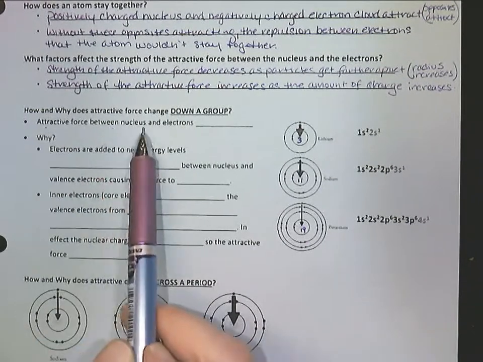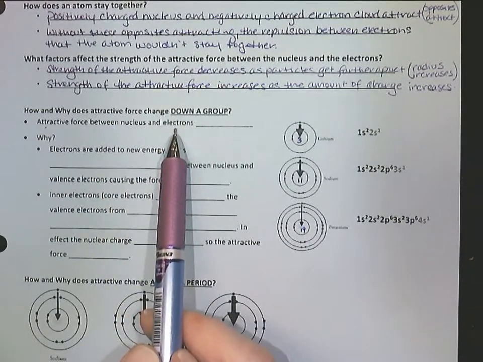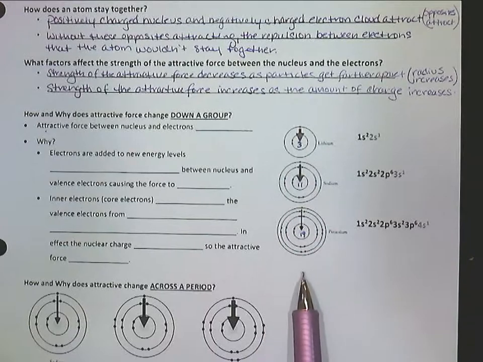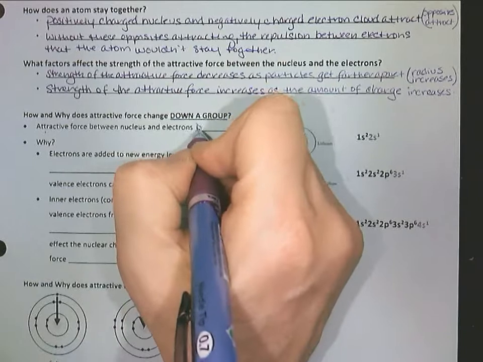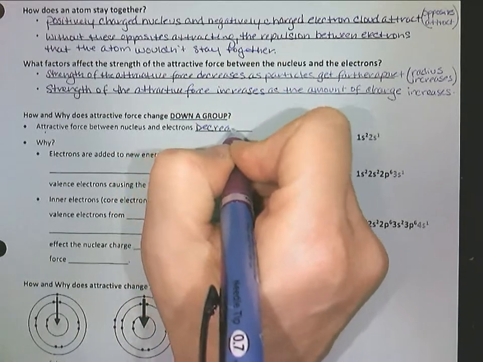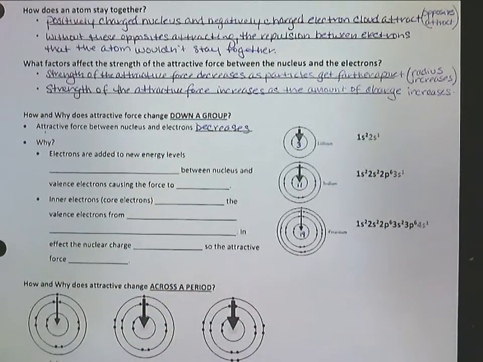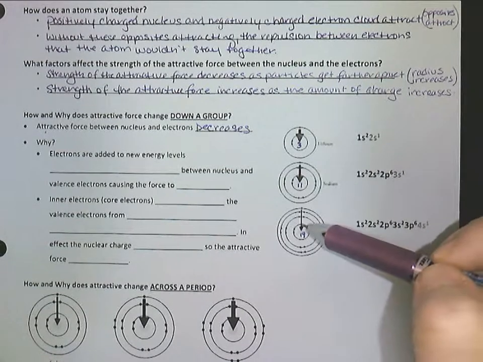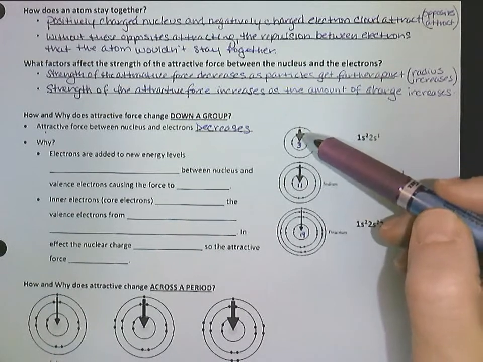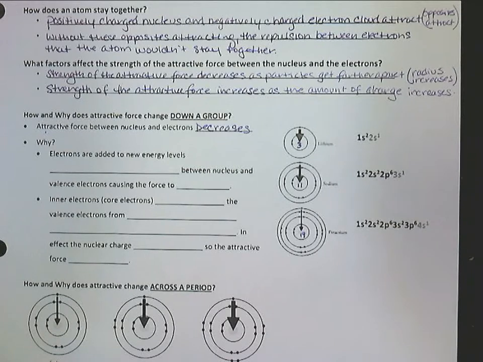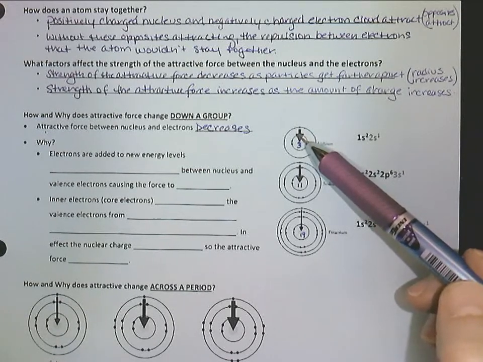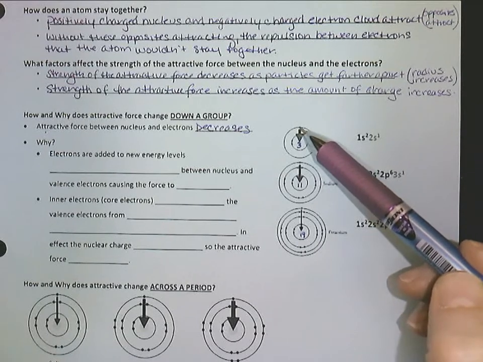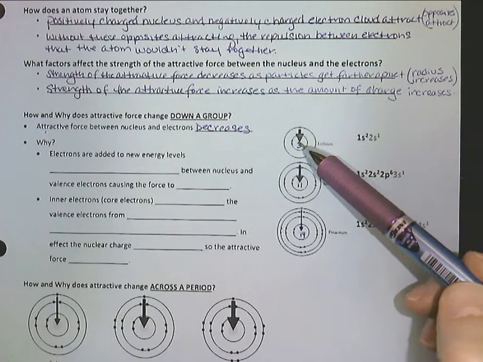So the attractive force between the nucleus and the electrons as we go down the group is going to decrease. We can see that by looking at the arrows themselves. The arrows are wider and darker, indicating a larger strength of attraction between the electron here in the outer or valence shell, so the valence electron, and the nucleus.